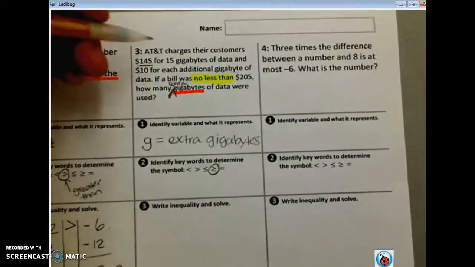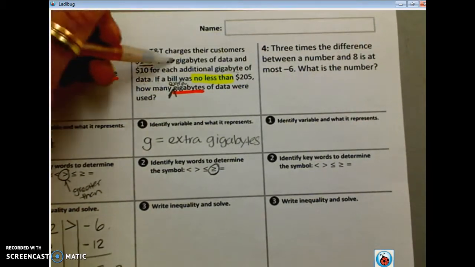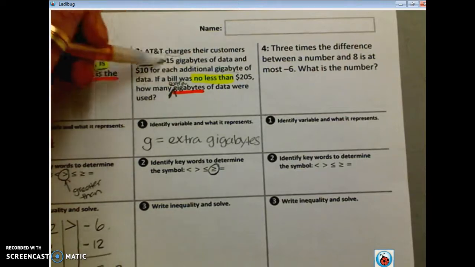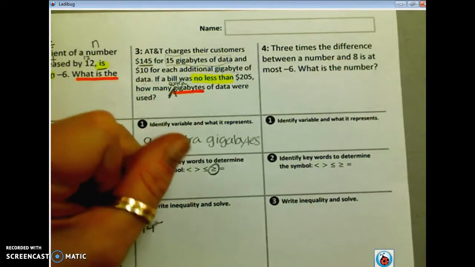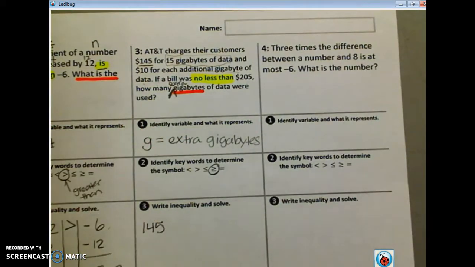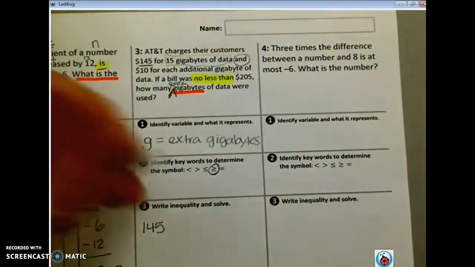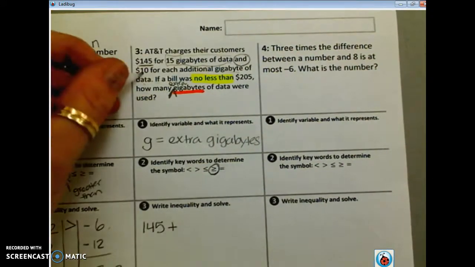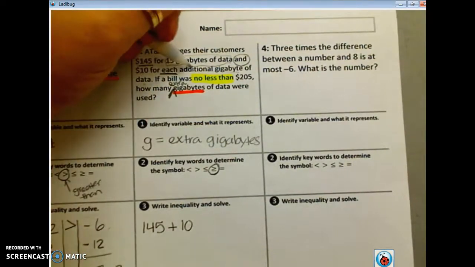Okay? So if I'm going to write an inequality for this, let me go back. It says they get $145 for 15 gigabytes of data. This 15 doesn't matter. Okay? They have to pay $145 for that 15. They initially get 15. And that's the plus $10 for each additional gigabyte.